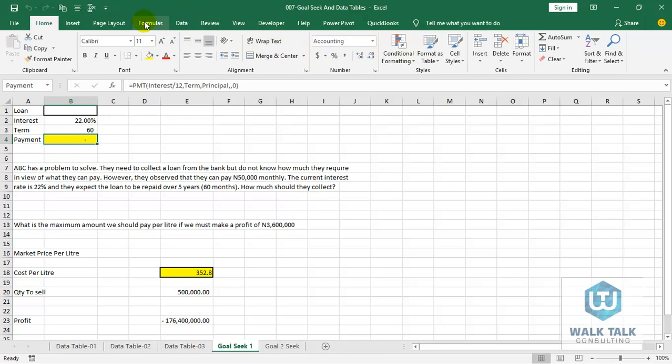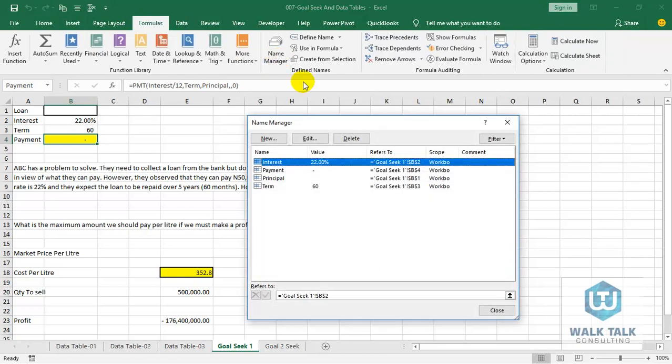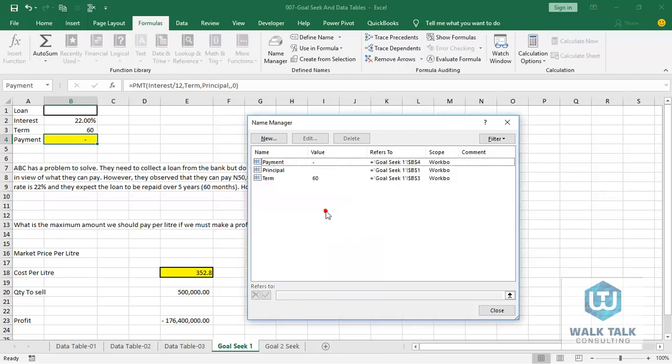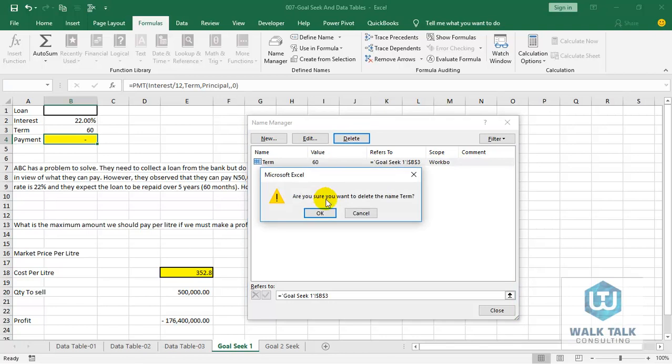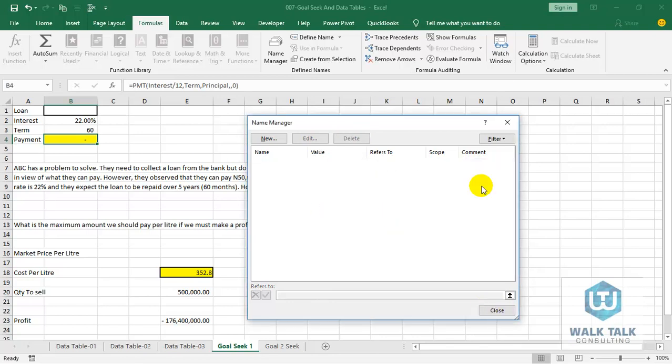I can delete the names from the formulas so that you can see the formulas here. Okay, now I've deleted the names.